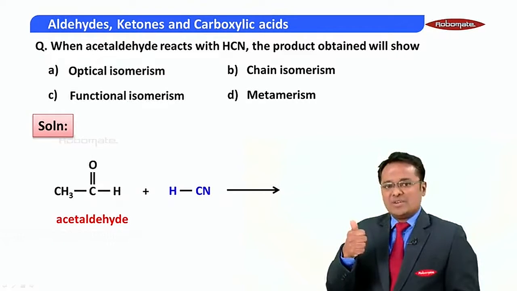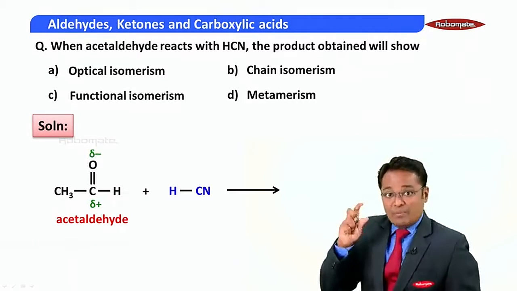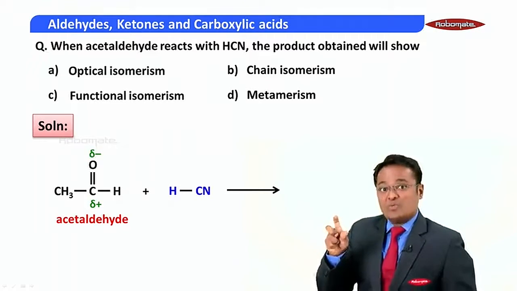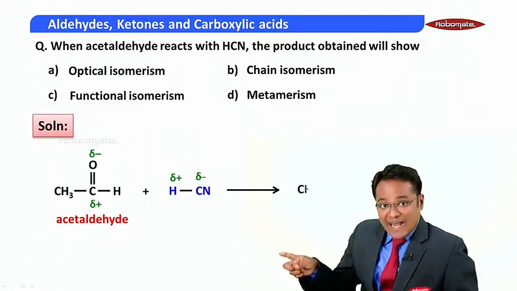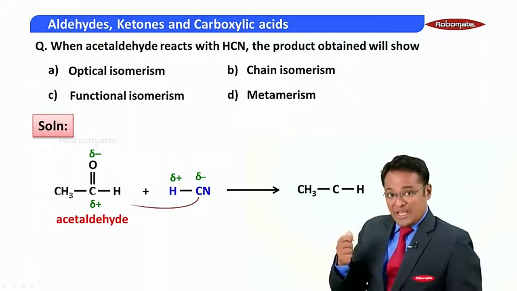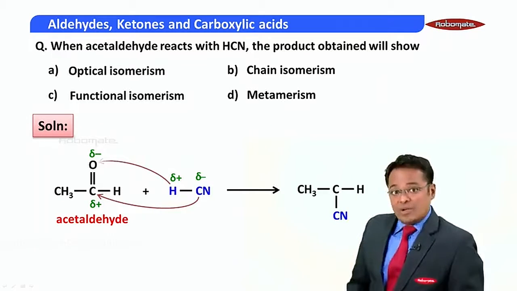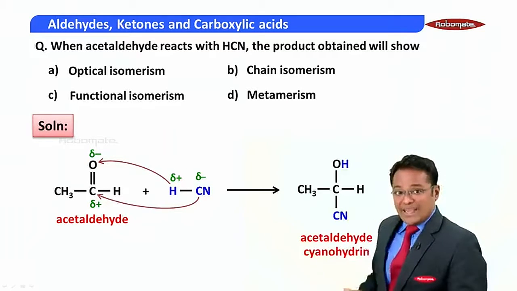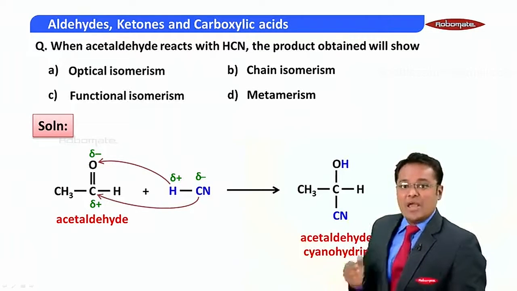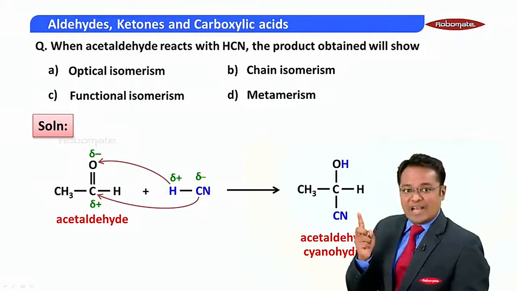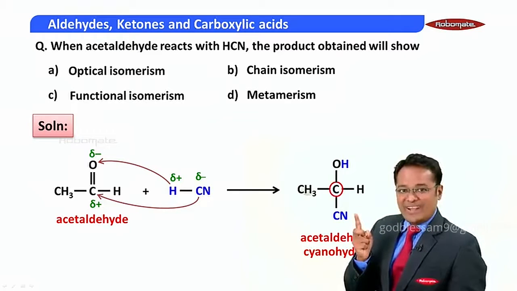Now what? Again, it's a nucleophilic addition. Students, remember, partial charges are to be put on the carbonyl group. Your HCN also will have those partial charges. Your nucleophile will attack the carbonyl carbon, and your hydrogen will attach to the carbonyl oxygen. So we are going to get cyanide and OH. The name of this compound would be acetaldehyde cyanohydrin. What is so important in this? Can you see that carbon atom which has been located?